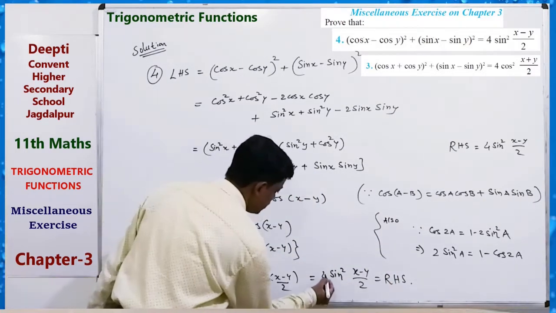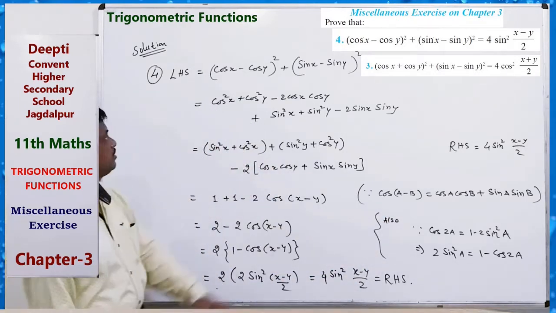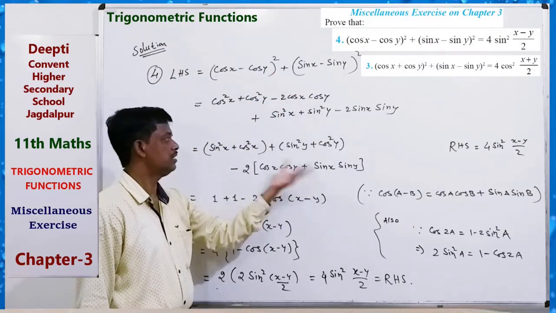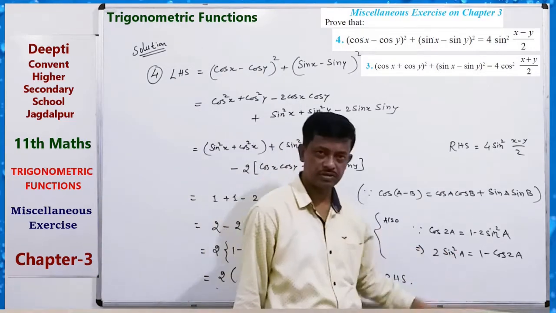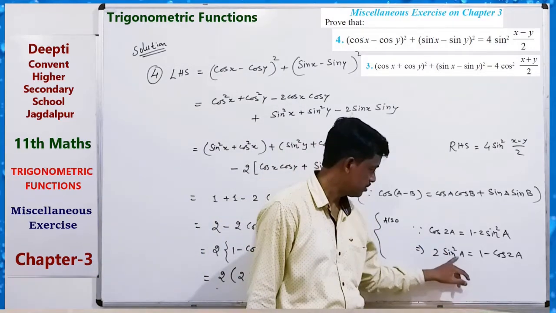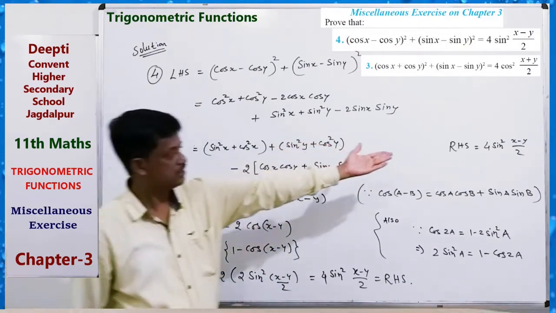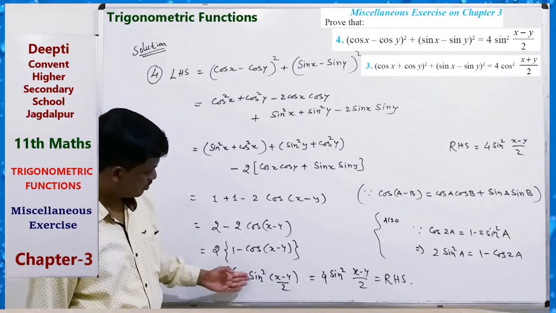So using these two formulas we get left hand side equals right hand side: first breaking the whole square and adjusting, and then using the cos 2 theta formula to get 2 sin square of theta by 2.